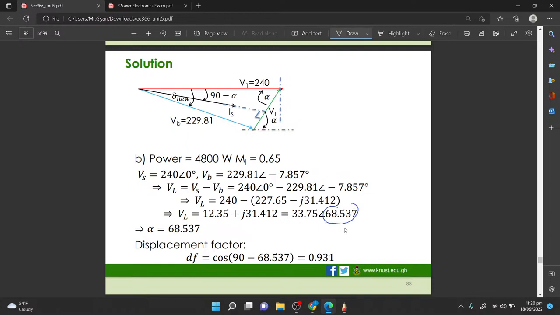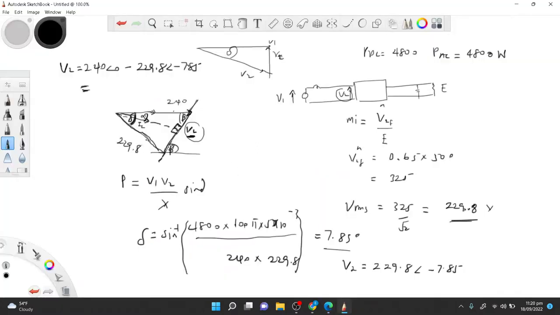But all I care about is the angle here. Because the angle for VL is this angle here, this is the angle I found. Then my alpha is 90 minus that angle, and I'm supposed to find the displacement factor.